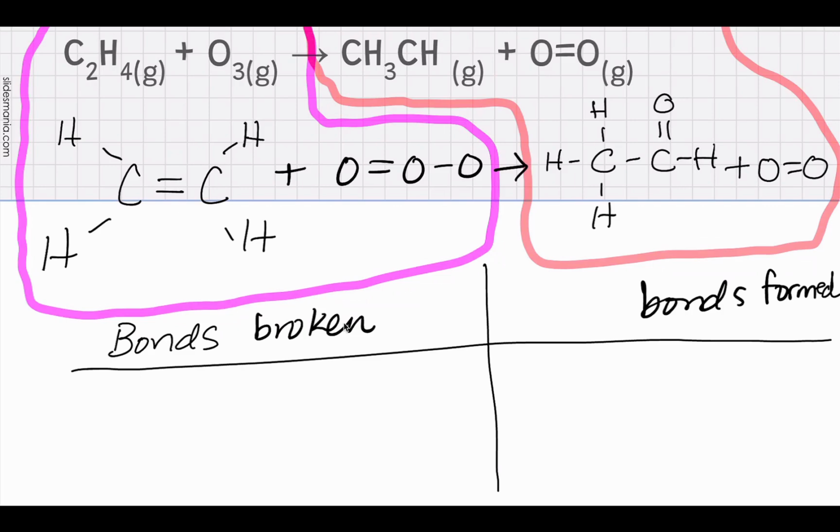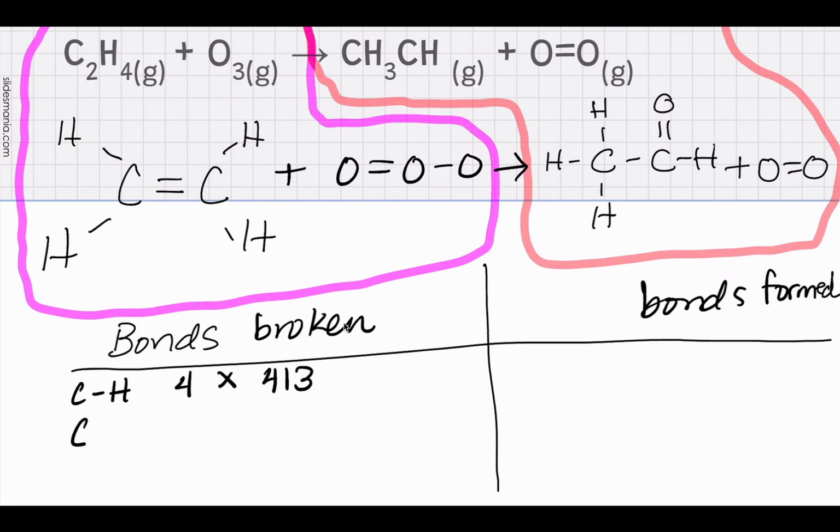So we have a carbon-hydrogen bond in the first structure, and there's 4 of those. And those are 413 kilojoules per mole. There is also a double bond.